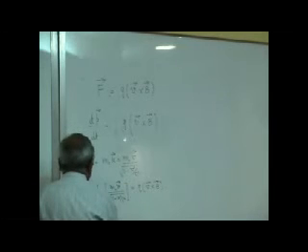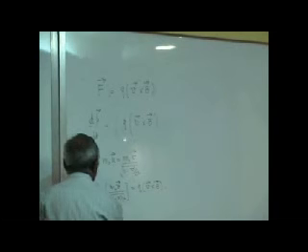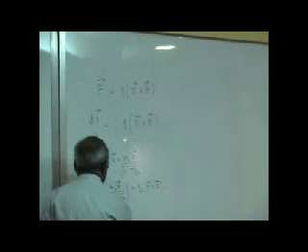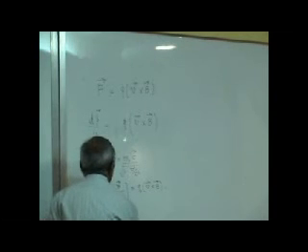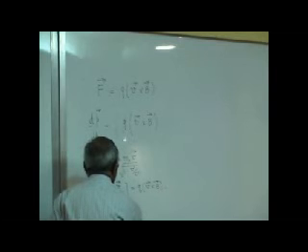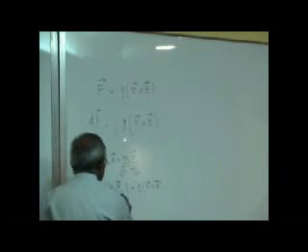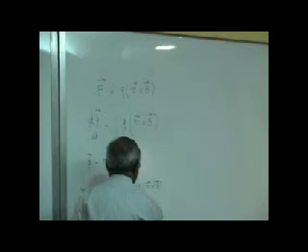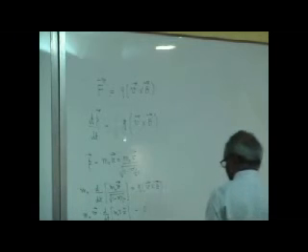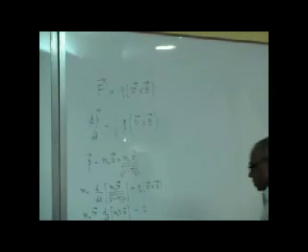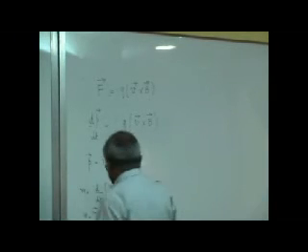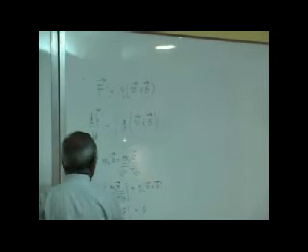When I dot it with v, what will I get? I will get m0 v dot d by dt of m0 gamma v. I have rewritten this as gamma.